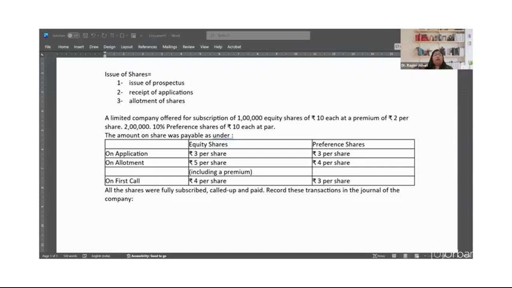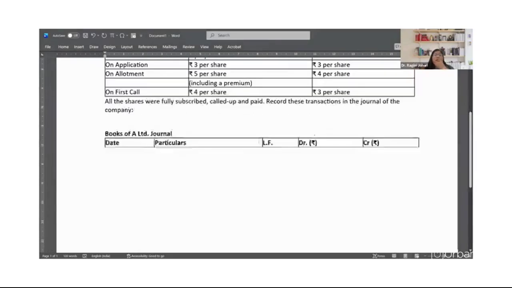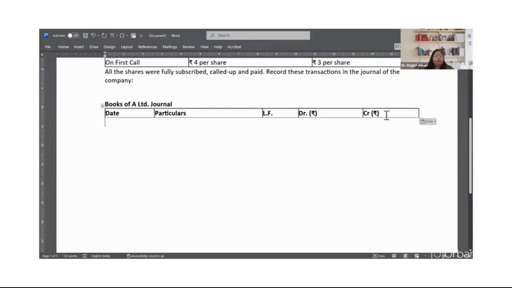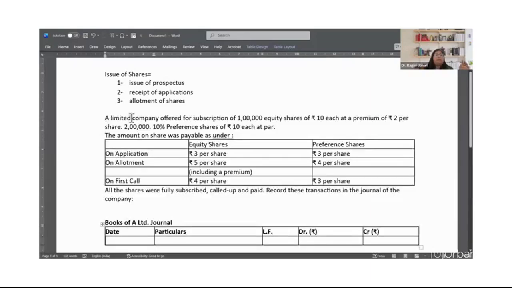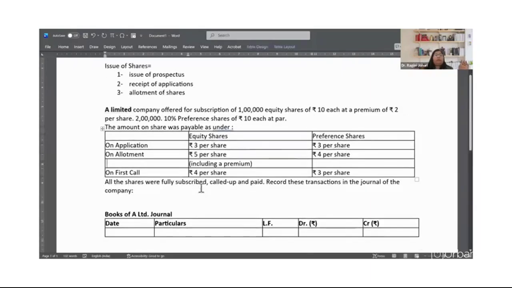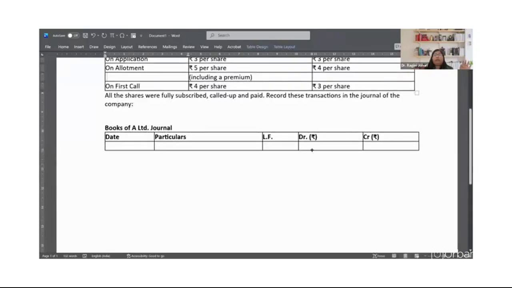So, how do we start? Since we have to make the journal entries here, we write like this: in the books of A Limited, A Limited being the name of the company, and it's a journal that we are making.